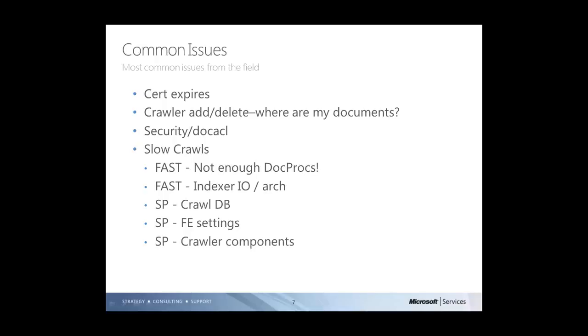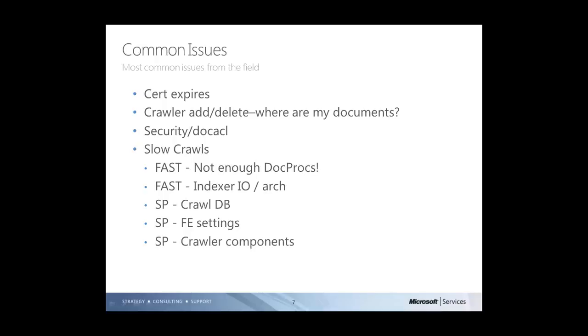So, say in March you start working with FAST and getting your SharePoint installation working with it, and that goes through a dev period for a few months and QA, and then it goes live around December. You completely forget about that, and then March comes around and your cert expires.